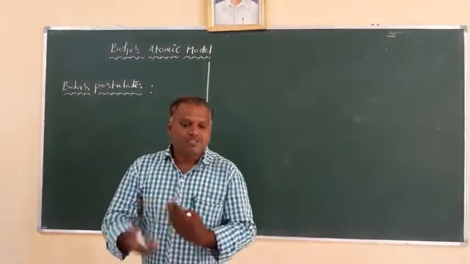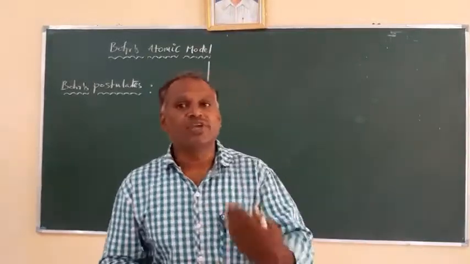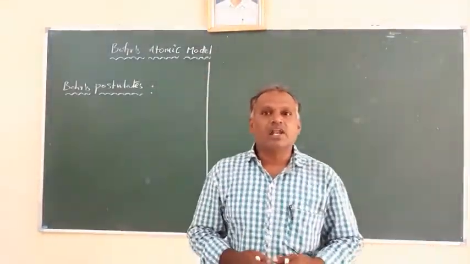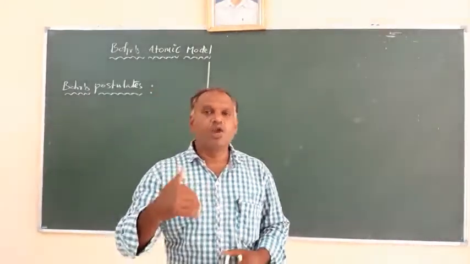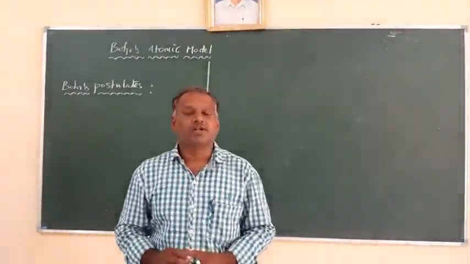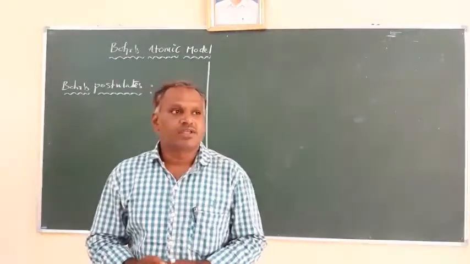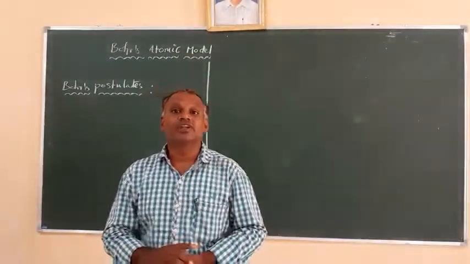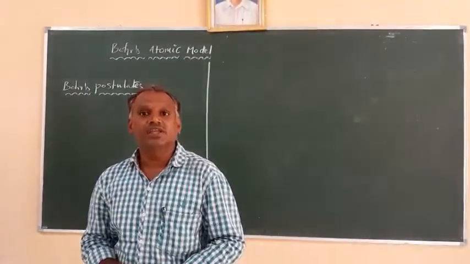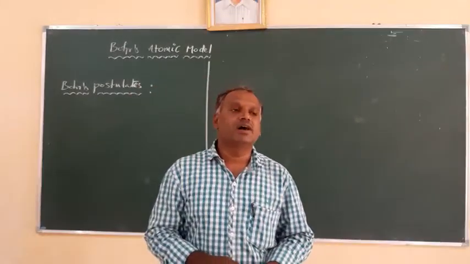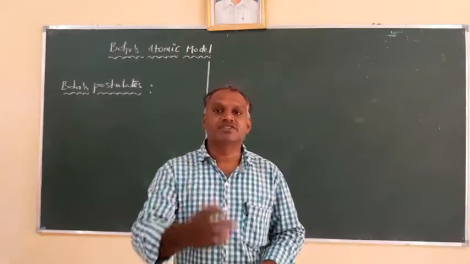In that experiment, Rutherford was unable to explain how electrons revolving around the nucleus in different allowed orbital paths keep their energy constant. Any moving particle radiates or loses its energy.